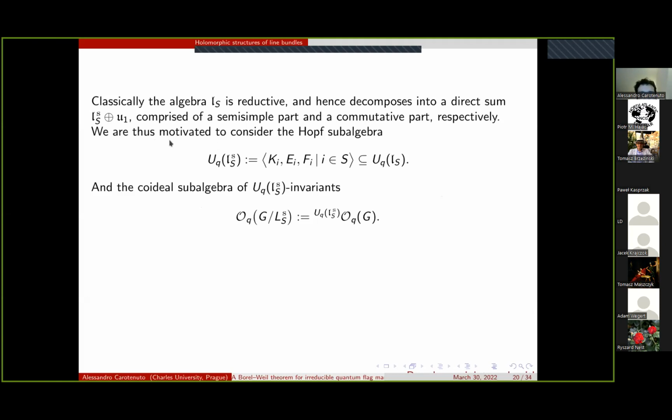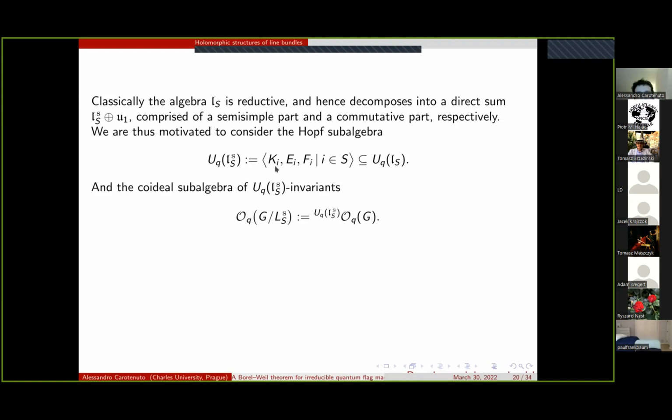Then from the quantum point of view, we are motivated to consider this Hopf algebra. Remember that when I was defining U_q of L_S, the quantum enveloping algebra of the Levi subalgebra corresponding to S, I was removing only the simple roots E_i and F_i corresponding to the non-crossed nodes inside the Dynkin diagram.